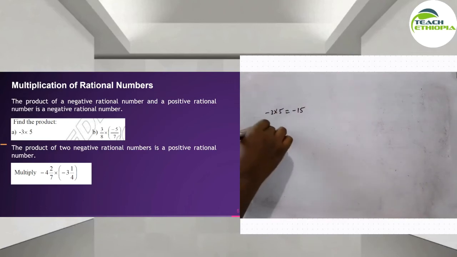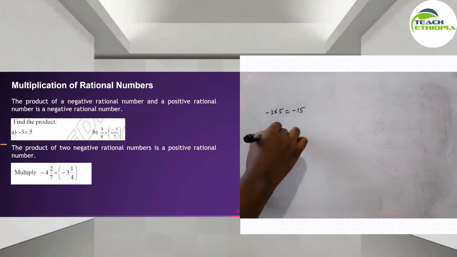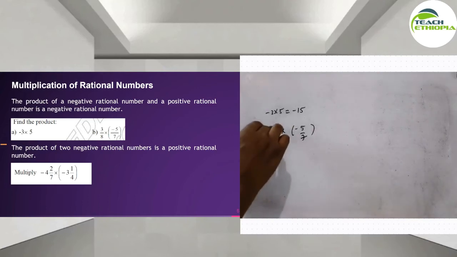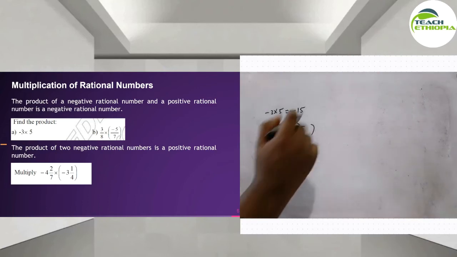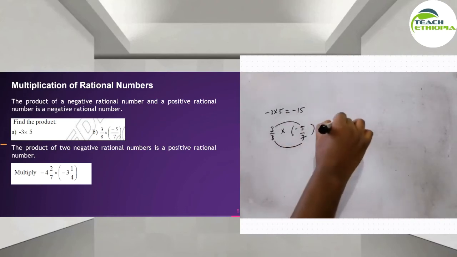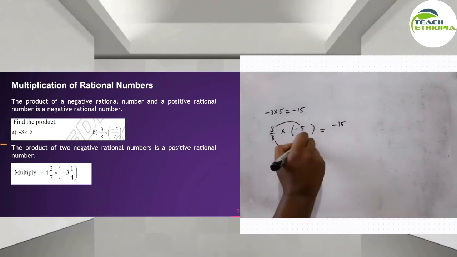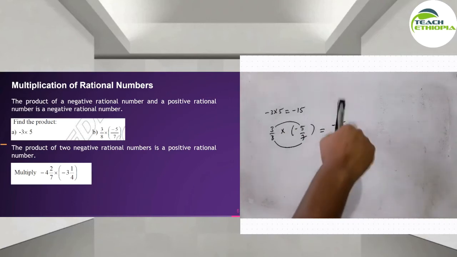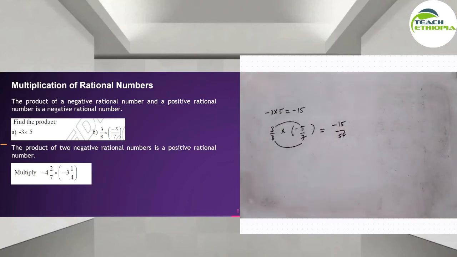If fraction, like 3 over 8 times of minus 5 over 7, we multiply numerator by numerator and denominator by denominator. So 3 times 5 is going to be minus 15, 8 times 7 going to be 56. If mixed fraction is given, first we convert mixed fraction to fraction.